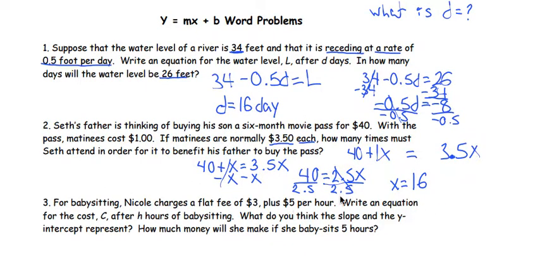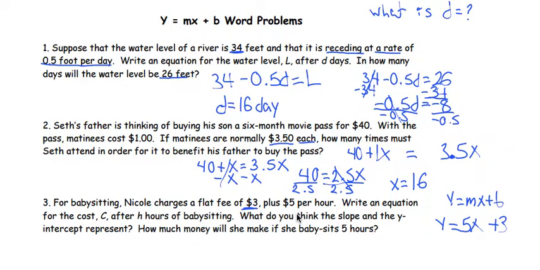So we're going to have the equation in the form of y equals mx plus b. This $3 is a flat rate. That's going to be our b, plus 3. And since Nicole is charging $5 per hour, this is going to be our m.